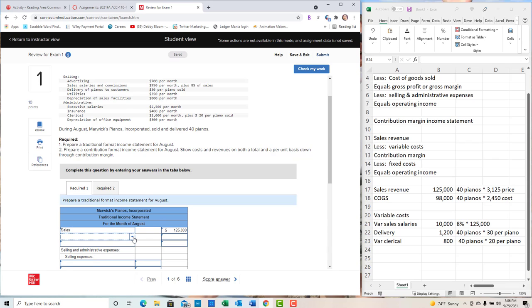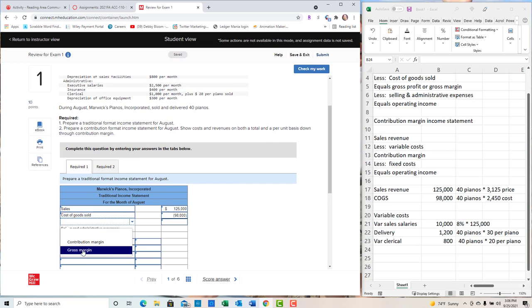In our traditional income statement, then we subtract our cost of goods sold. And our cost of goods sold is $98,000. And if we take our sales revenue and subtract our cost of goods sold, we're going to come down to our gross margin. So our gross margin is $125,000 minus $98,000, which is $27,000.